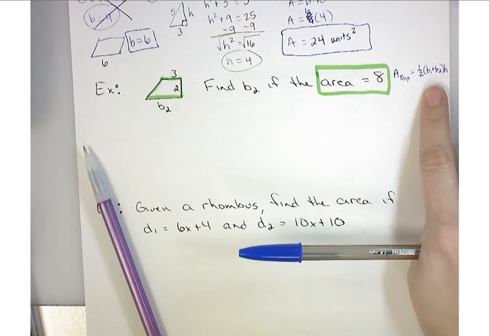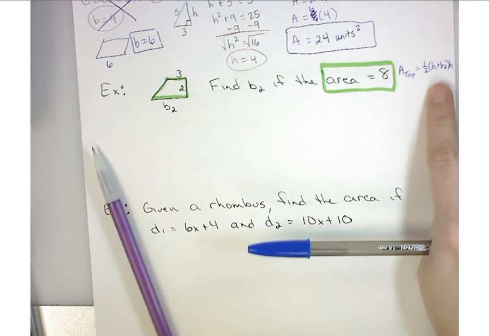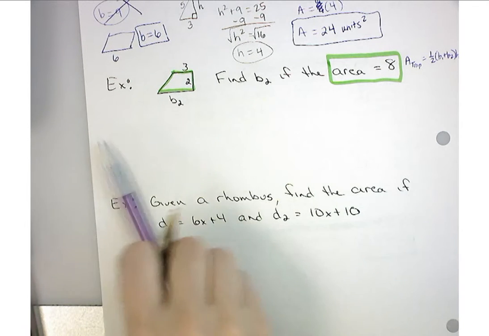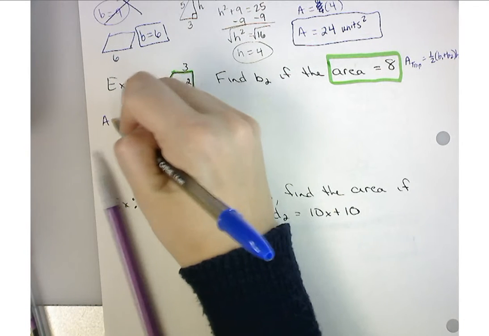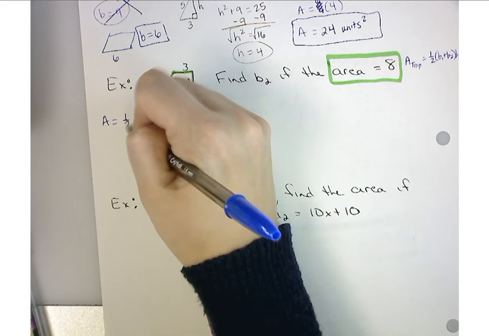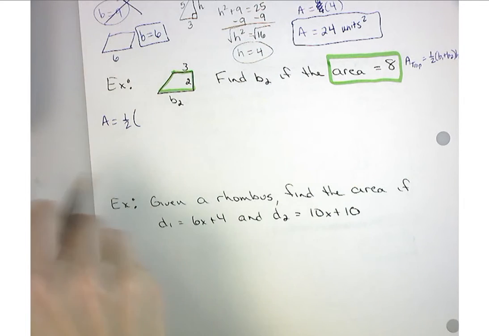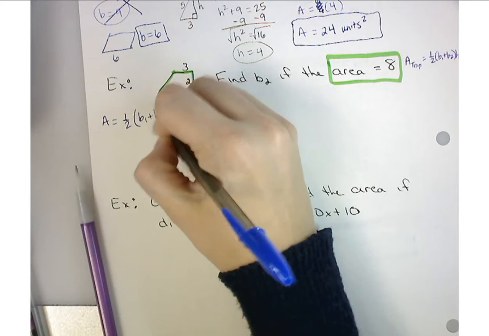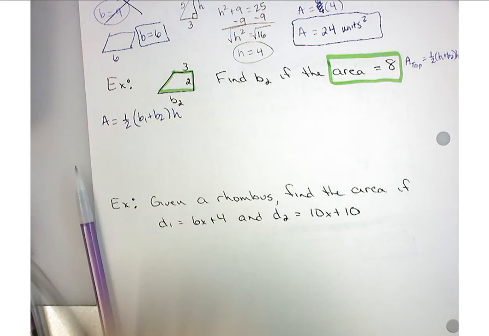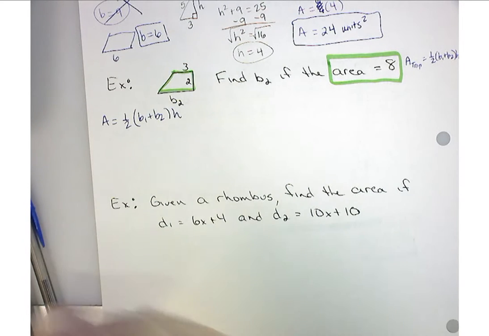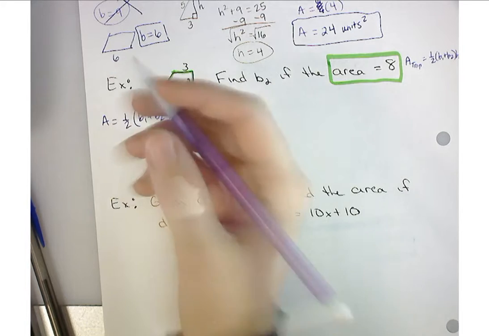Okay, so then what we can do is substitute in what we know and then solve for b sub 2. So the area is going to be 8.